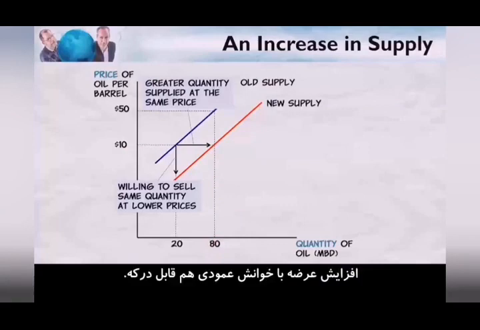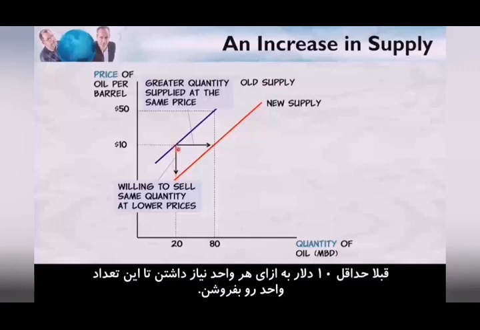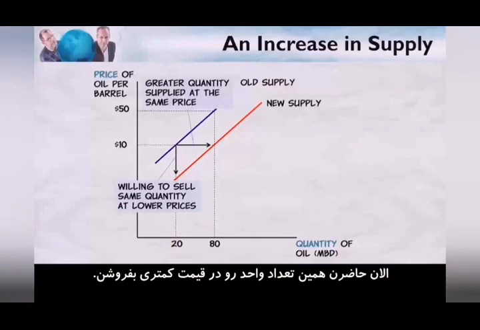We can also understand an increase in supply using the vertical reading. What the increase in supply tells us is that for any quantity, suppliers are now willing to sell that quantity at a lower price. They used to need at least $10 per unit to sell this many units. Now they're willing to sell that same number of units at a lower price.